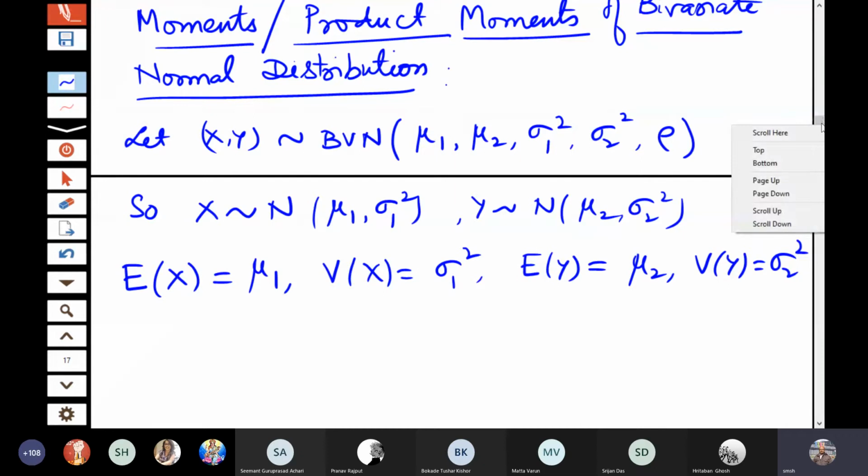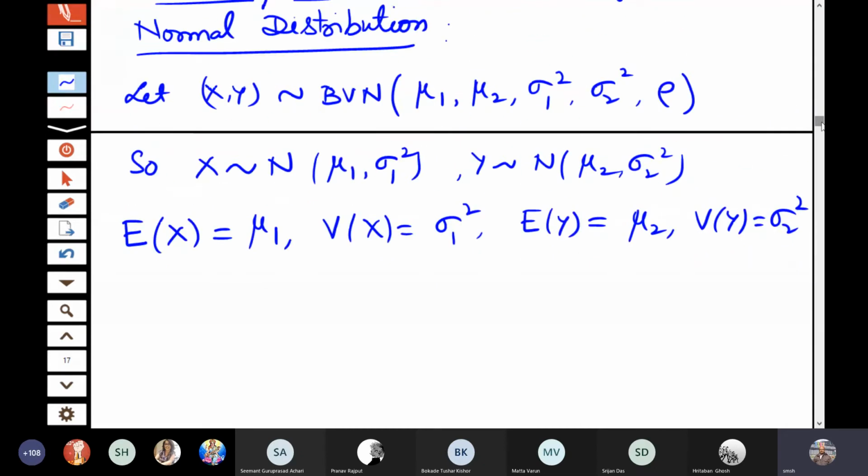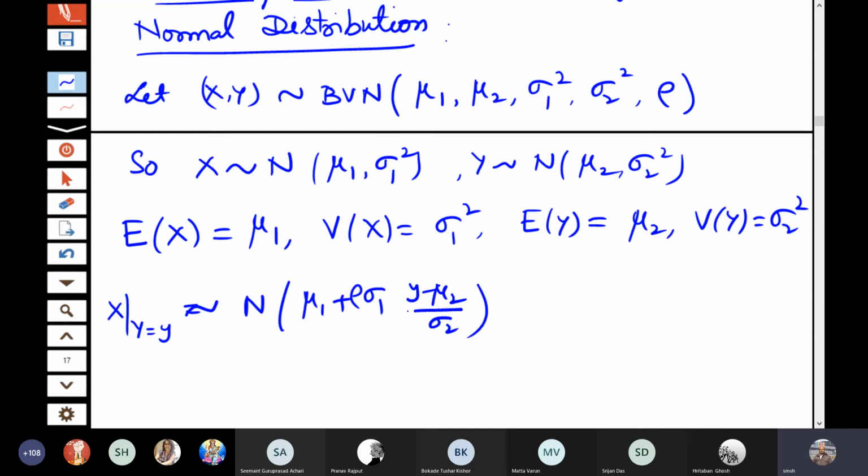And then if I consider the conditional distribution here, then the conditional distribution of X given Y is normal with mean mu1 plus rho sigma 1 (y minus mu2) by sigma 2, and variance sigma 1 square (1 minus rho square).